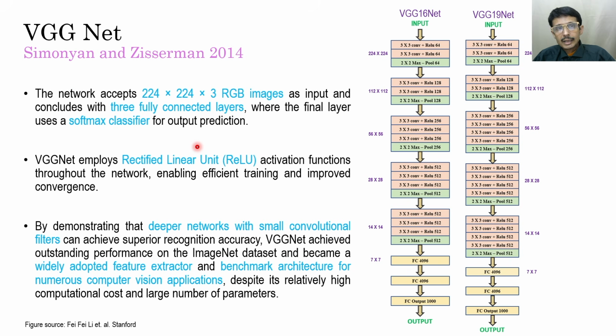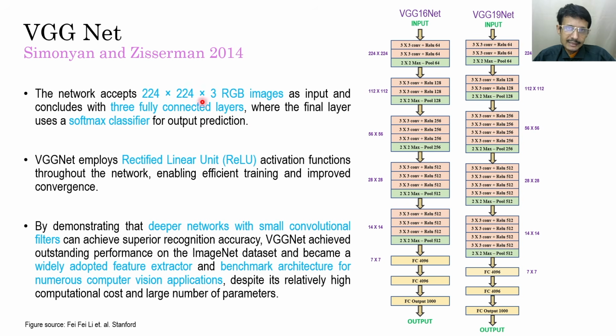Now, this network accepts 224 cross 224 RGB images as input, and concludes with 3 fully connected layers, as you can see here. This is VGG 19 and 16. The final layer uses a softmax classifier for the output prediction.